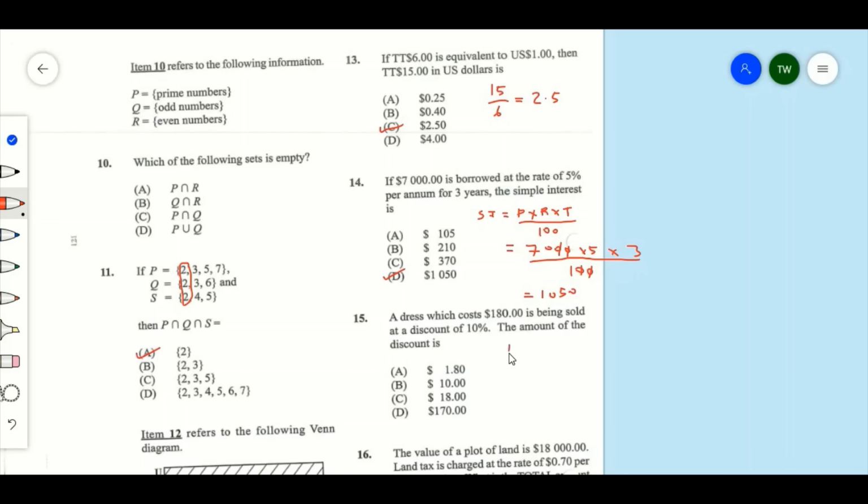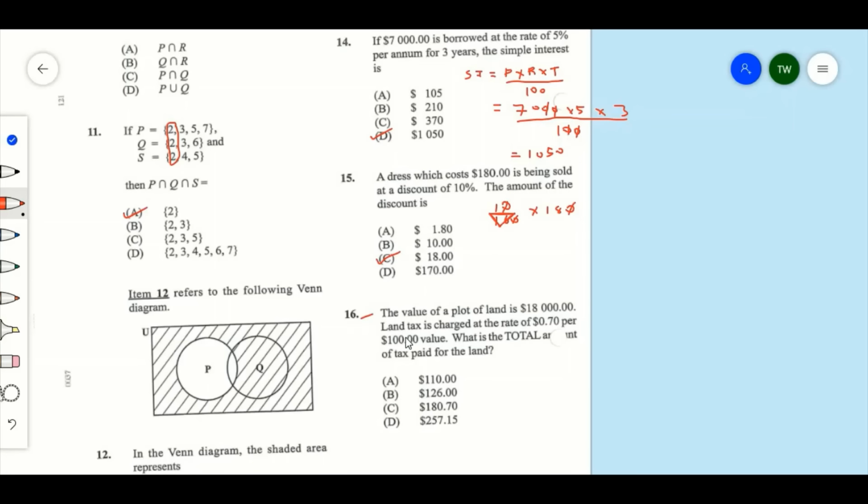And remember that 10% is the same thing as 10 over 100 times the cost price, which is 180 in this case. 0 here will cancel out 0 here. This 0 will cancel out the 0 here. And all we're left with is just 18. So it's going to be C in this case.